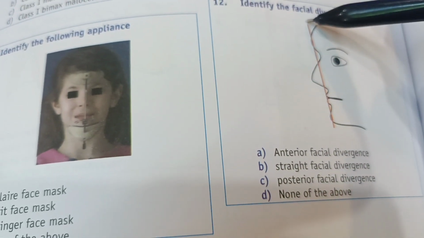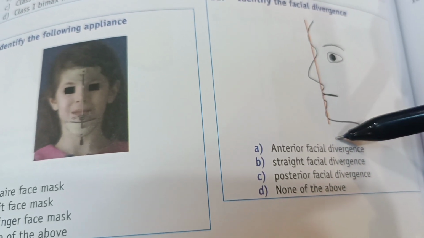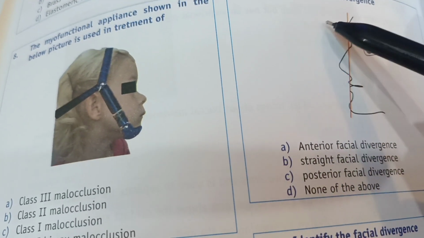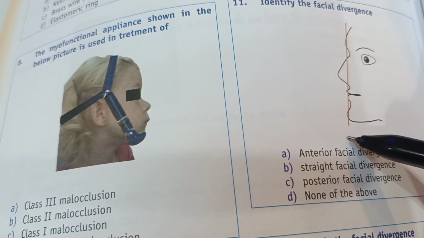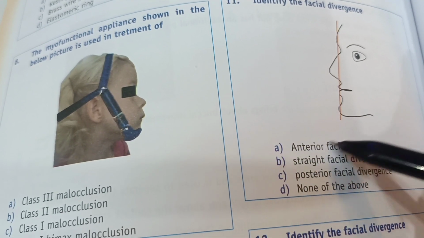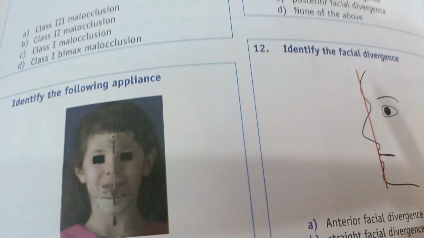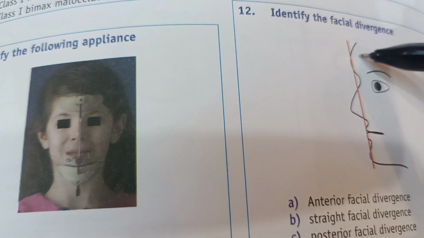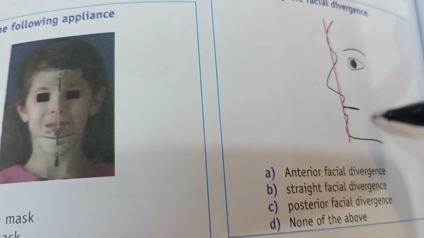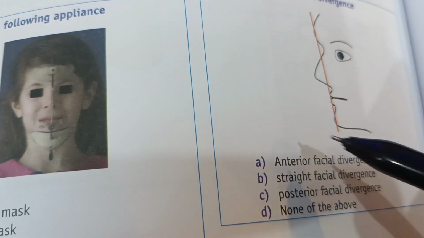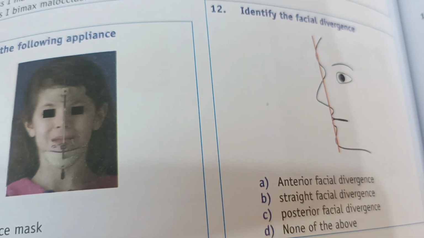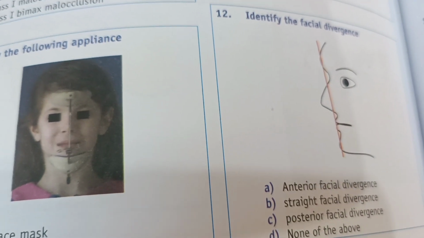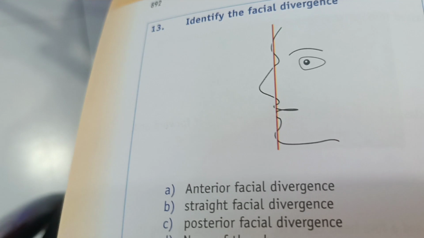Here you can see the line drawn is inclined posteriorly, while in the previous picture the line was inclined anteriorly, which is why that answer was anterior facial divergence. So here the right answer is option C, posterior facial divergence. Facial divergence is an important topic for questions. Now come to the next question.